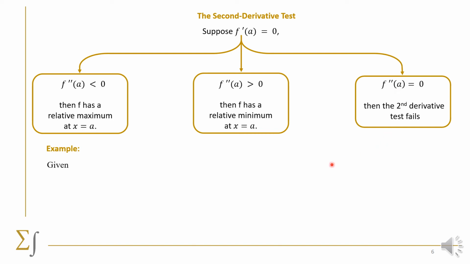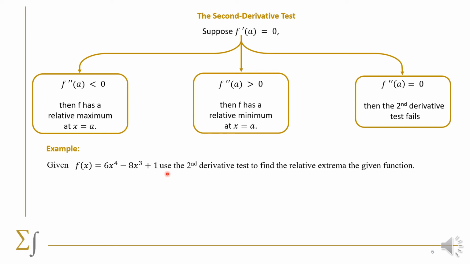Let's take an example. Given f of x equals 6x to the power 4 minus 8x cubed plus 1, we are asked to use the second derivative test to find the relative extrema of this function. We start our solution by evaluating the f prime and putting it equal to 0 to find the values of x which will make the first derivative 0.